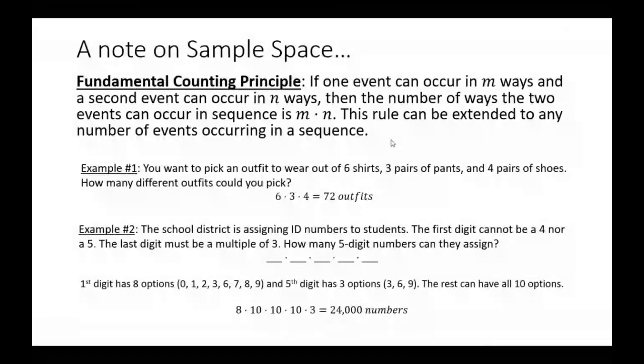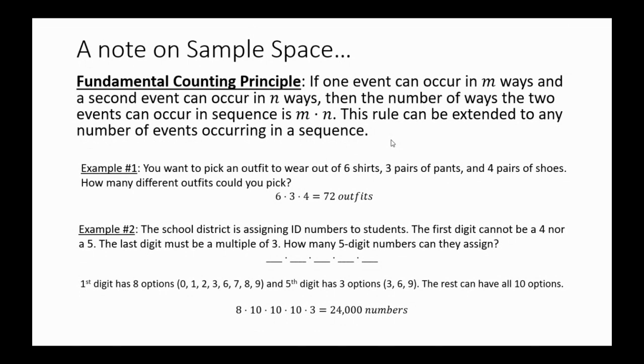Can't be a 4 or a 5. So how many options does that leave me with? 8. So the first digit has 8 options. Did I say anything about the second digit? Nope. So how many options would that be there? 10. What about the third? 10, 10, it's down here.